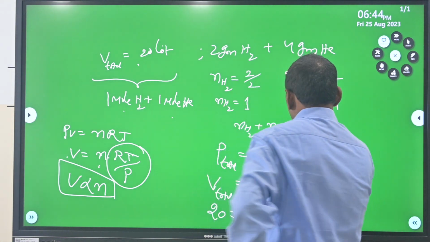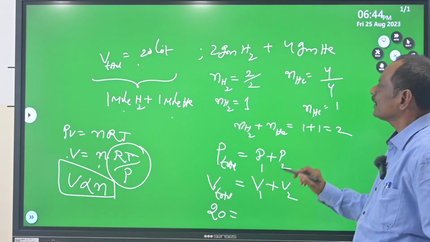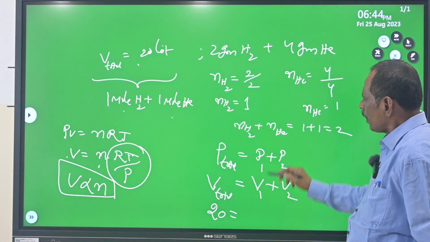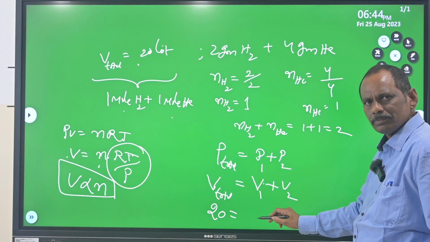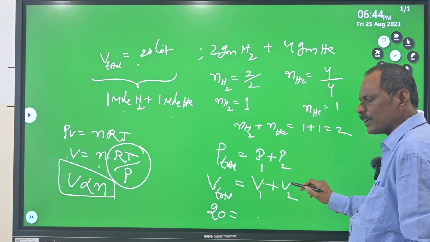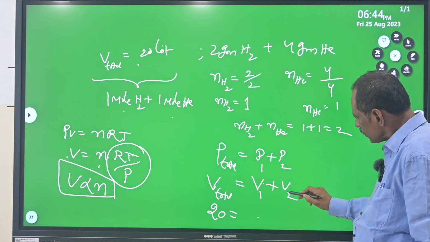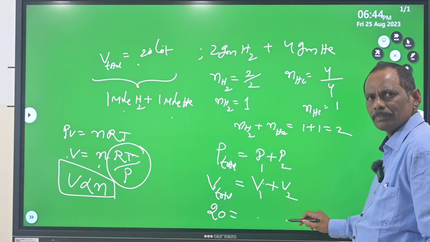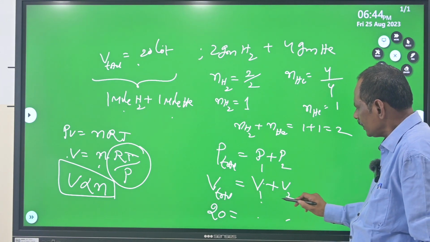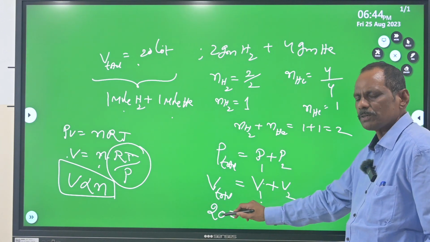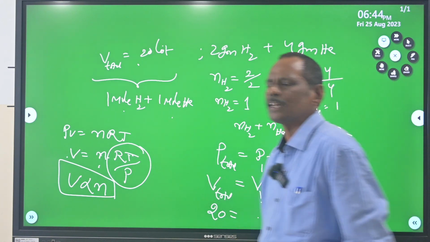The partial volume of the first gas is the volume of that particular gas by the total volume, and the partial volume of the second gas is the volume of the second gas by the total volume. Here it is one volume, and one volume. Total 2 volumes is equal to 20 liters. So, 1 volume is 10 liters.